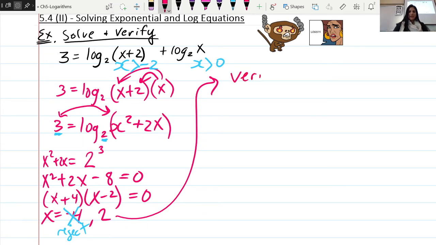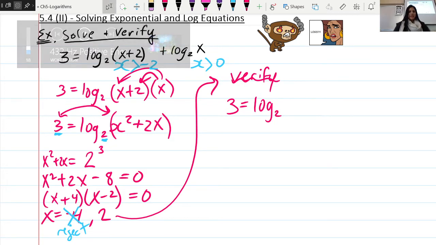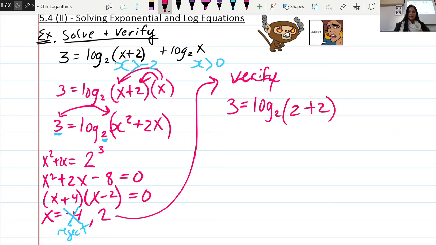So this is us verifying that our solution is correct. So we could do 3 equals log base 2 of 2 plus 2 plus log base 2 of 2.